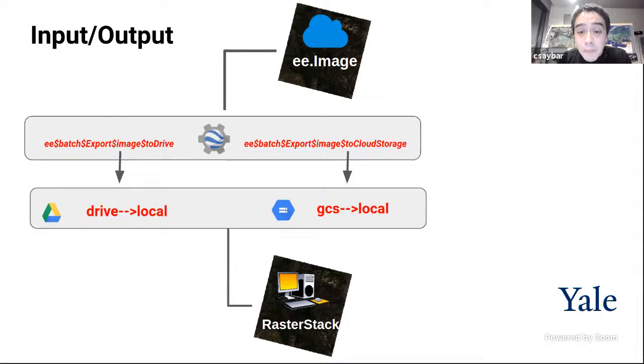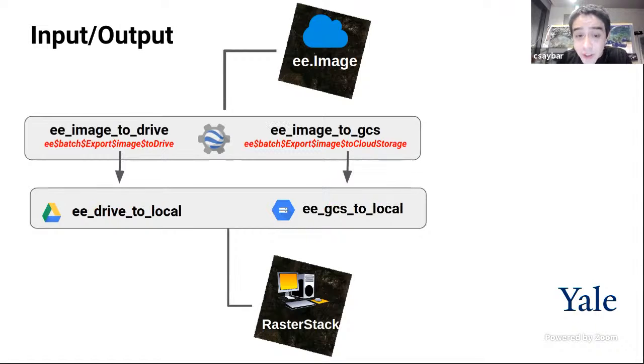That's the problem. We try to make everything simpler in RGE, and we created this function, image to drive, that does exactly the same as this other one that is available in Python and also available in R, obviously. But we changed the name just to make it more R syntax friendly.